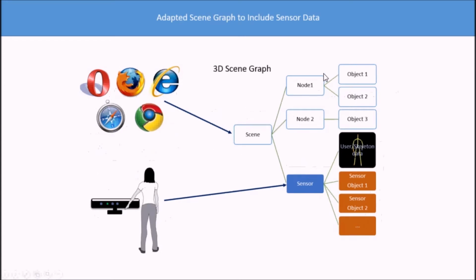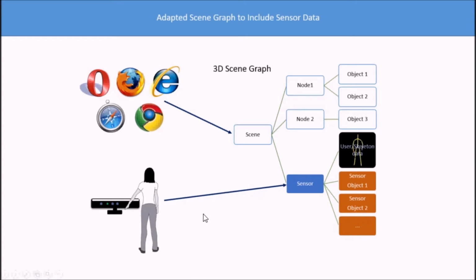A 3D scene graph is usually made of a hierarchical structure of nodes and objects that result in a 3D representation of a scene. In this case, I've included a sensor node for all the real-time data and objects coming from the sensor, like user joint data or other objects in real time.